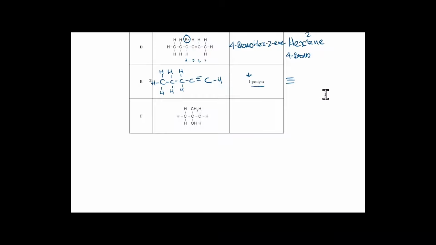Let's have a look. There's a fair bit going on here. So, the longest carbon chain I can see, well, there's 2 chains of 3. 1, 2, 3. Well, 4, I guess. 1, 2, 3. 1, 2, 3. So it's going to be prop in there somewhere.